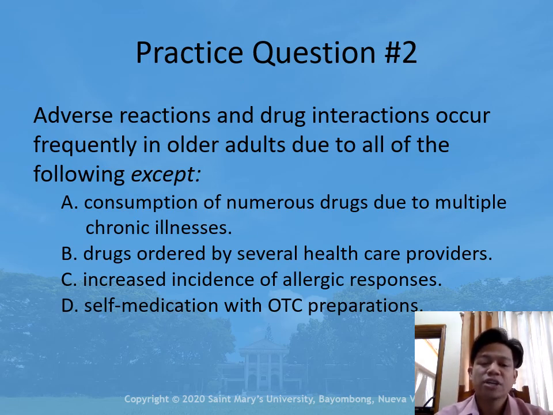Practice question number 2. Adverse reactions and drug interactions occur frequently in older adults due to all of the following, except: A. Consumption of numerous drugs due to multiple chronic illnesses. B. Drugs ordered by several healthcare providers.